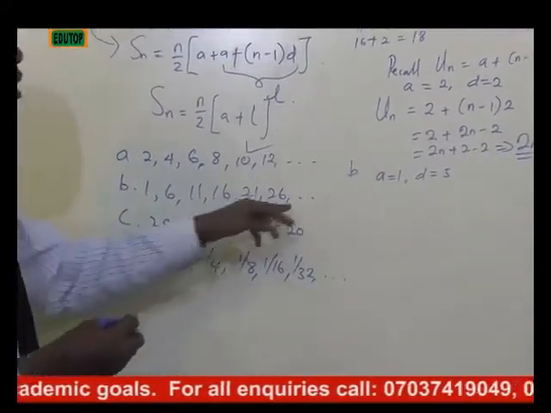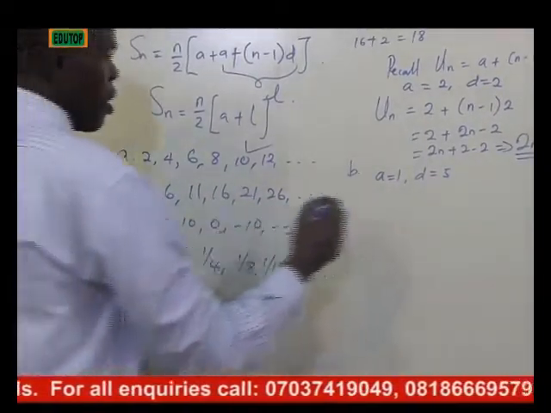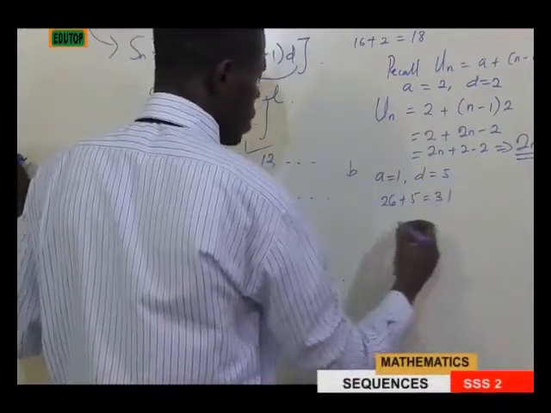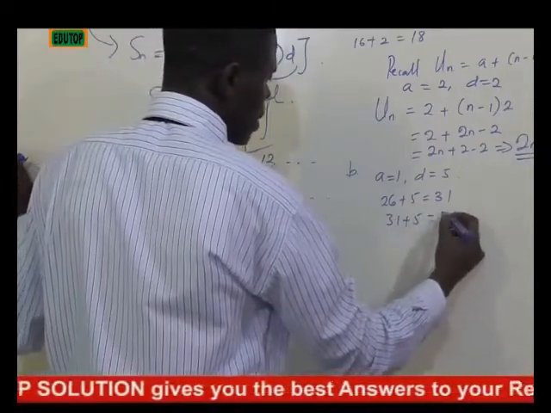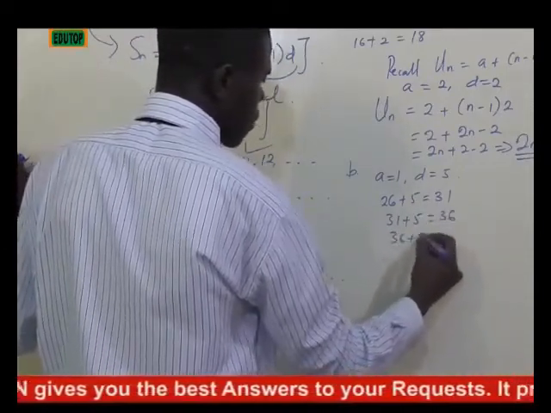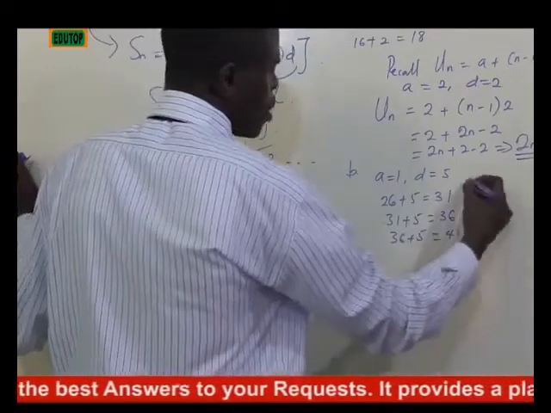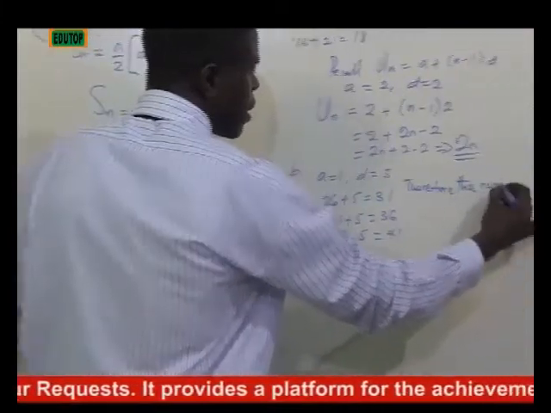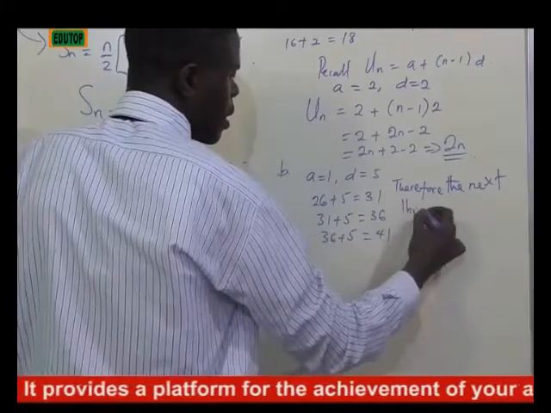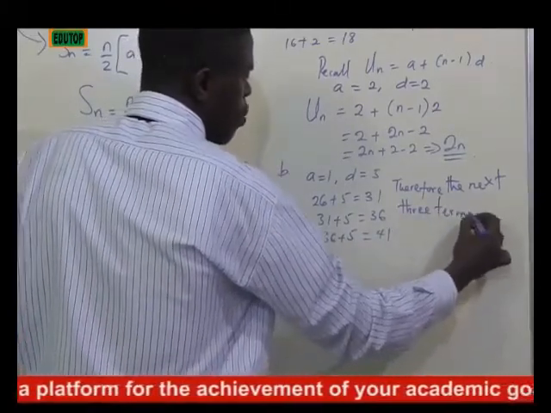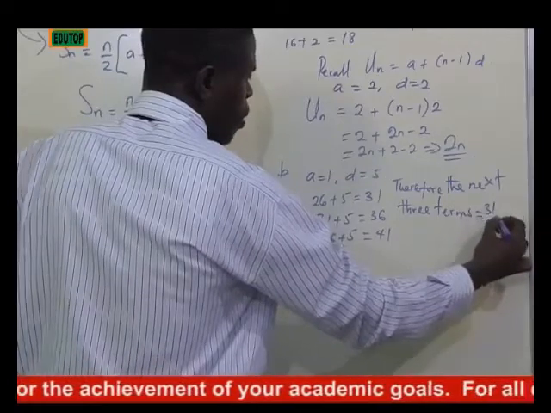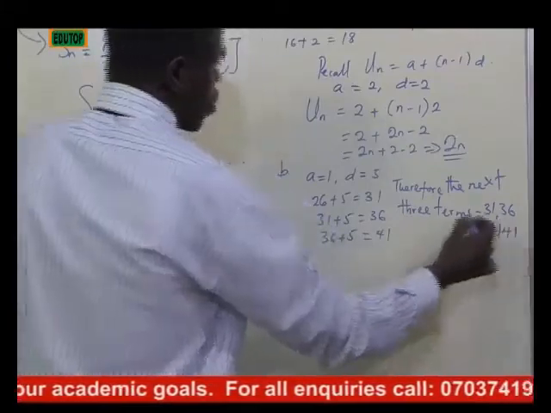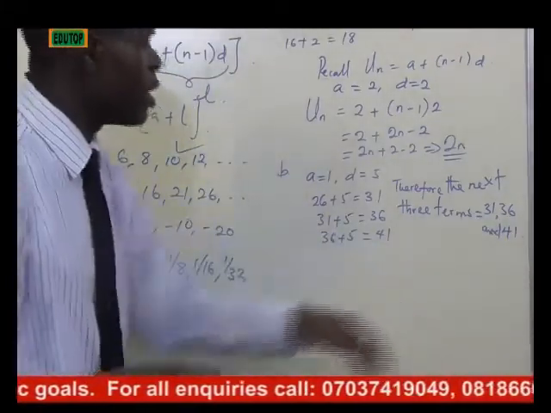If you have to calculate the next 3 terms, they will be 26 plus 5, which is 31. 31 plus 5 is 36. 36 plus 5 is 41. So the next 3 terms will be 31, 36, and 41.